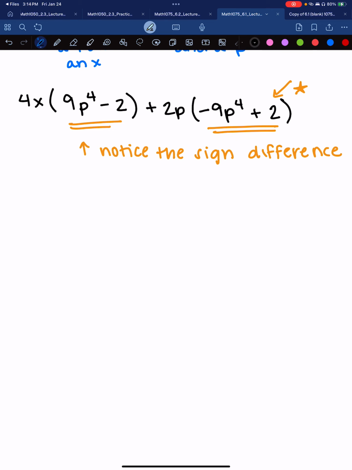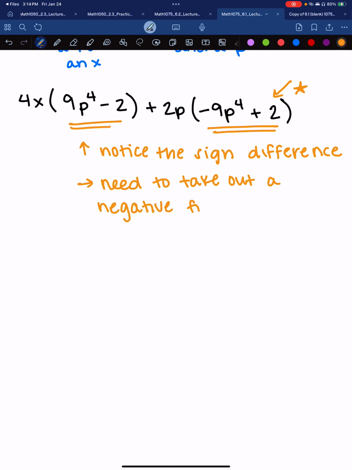So go ahead and write that. So we need to take a negative on the right side.